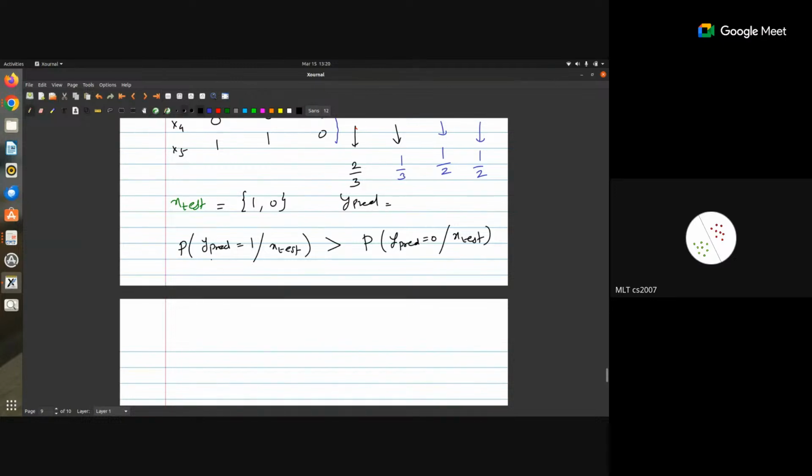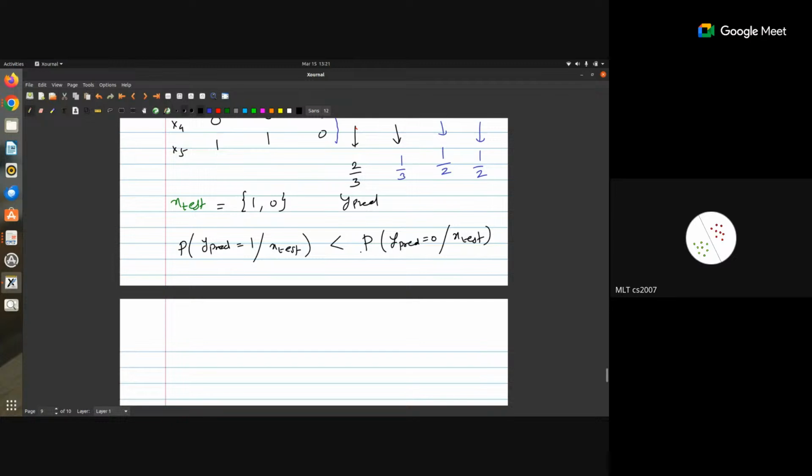If the value of this comes to be higher than the value of this, then I'll automatically predict the label for that test as 1. And if this probability is lesser than this, then I'll predict the label as 0.